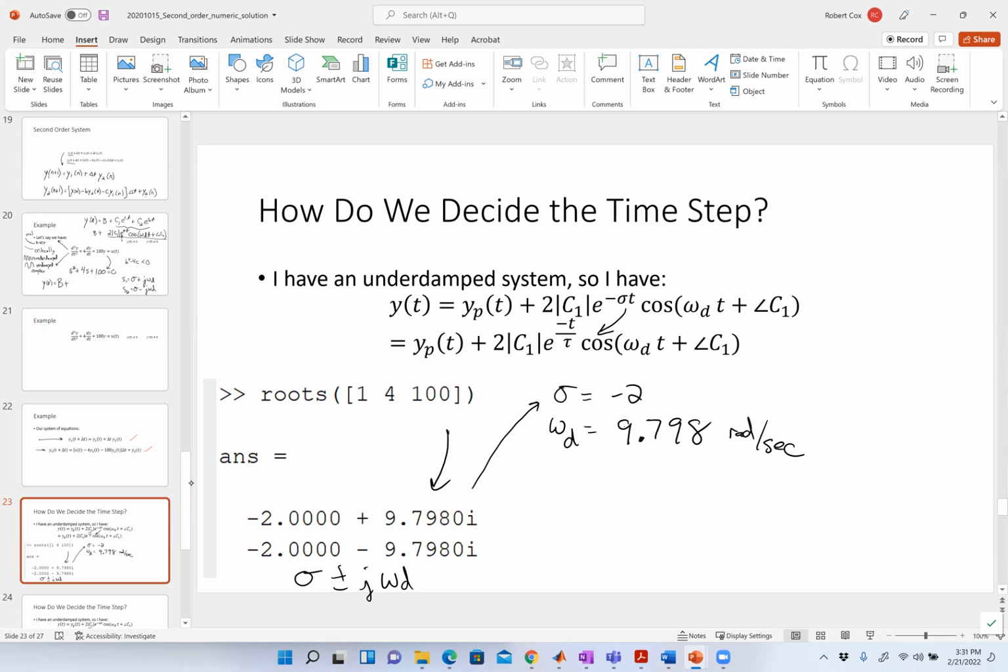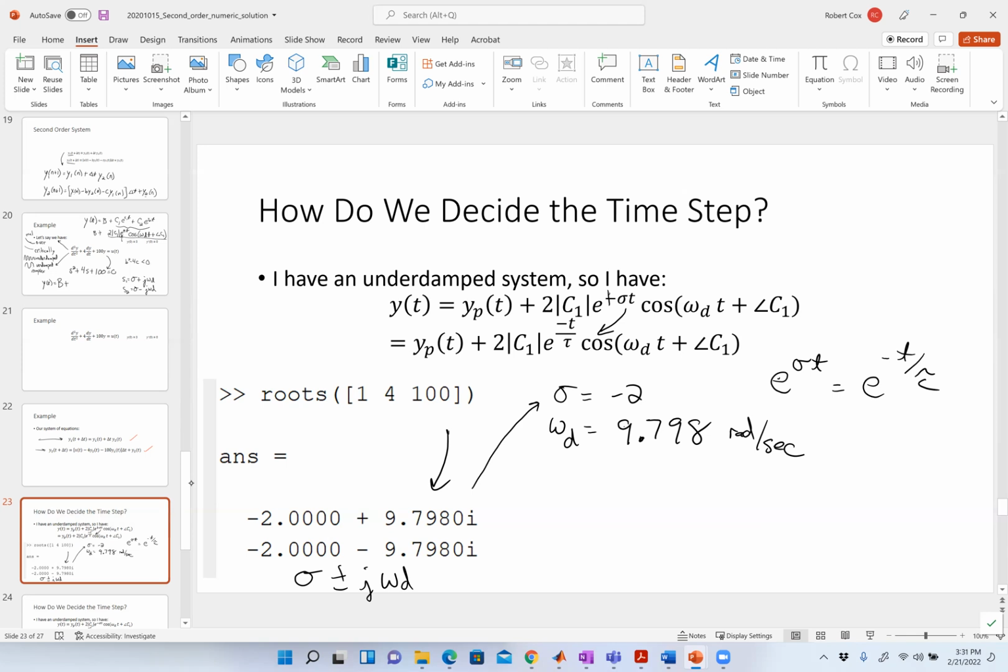The way I kind of defined this is, I guess that's plus sigma, the way I sort of wrote that there. All right. If I look at this, my sigma is that I can say that the exponential e to the sigma t is sort of like e to the negative t over tau.